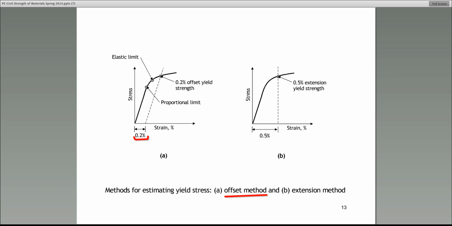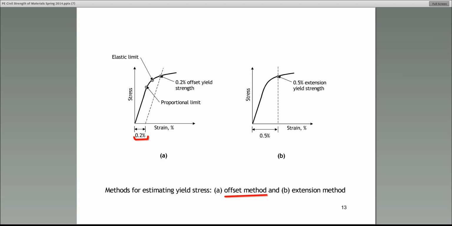However, certain types of materials, which we will call brittle materials, concrete is an example of that, when you draw the stress-strain curve, you don't get a well-defined yield point. So it's difficult to identify where it yields.